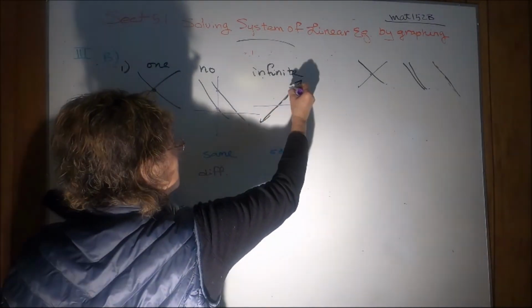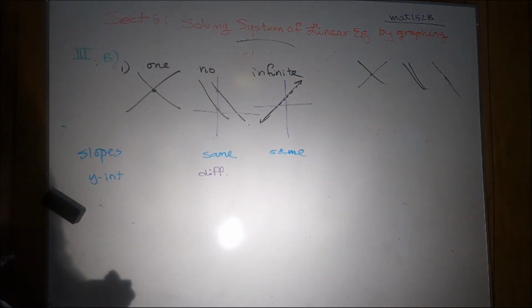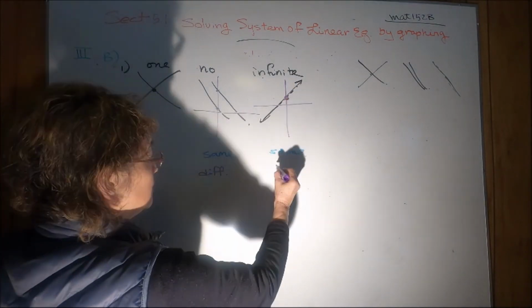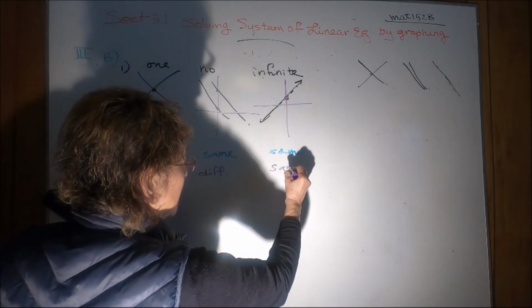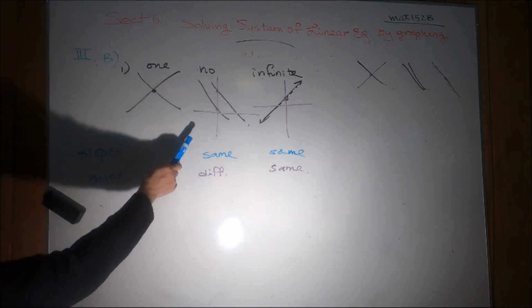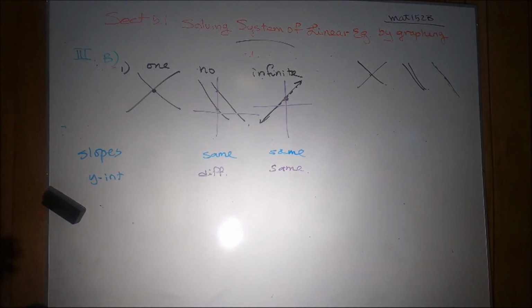Then for infinite solutions, when they overlap, besides they have same slope, they have what? Same y-intercept. Right? So that's the difference between those 2 situations.